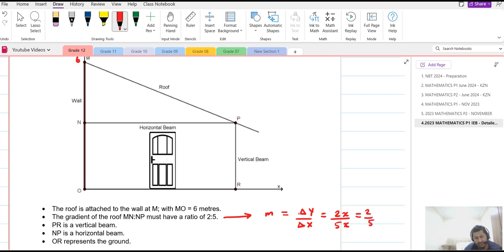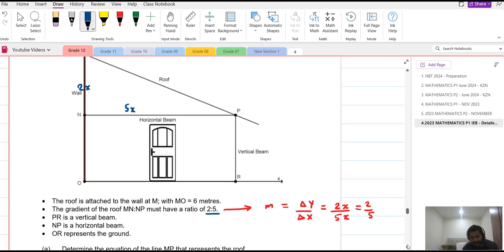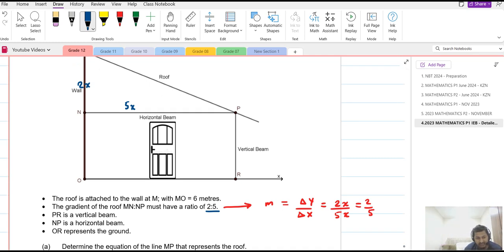Why we're putting it in ratio form, 2x is to 5x, is because they said it's a simplified ratio. So we don't really know whether the distance from M to N is 2 or 2 multiplied by a factor, right? So PR is a vertical beam, NP is a horizontal beam, OR represents the ground. We don't know whether the distance from O to R is 5. We can't assume that. It's 5 times x.